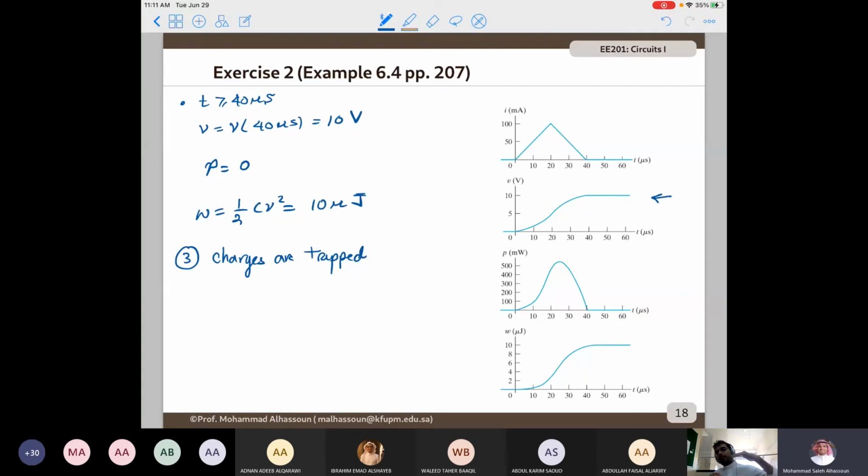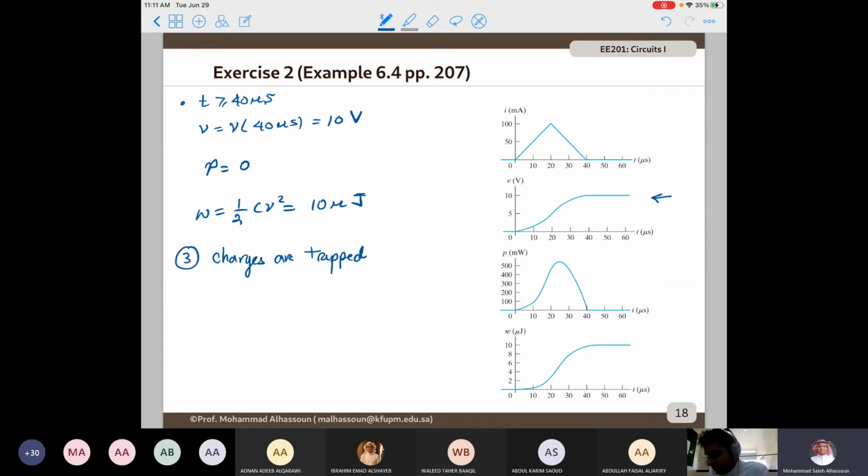We are charging the capacitor, and there is no way for the capacitor to discharge. So charge will accumulate on the plates of the capacitor. Whenever there is a chance for those charges to discharge, then the voltage across the capacitor will drop.